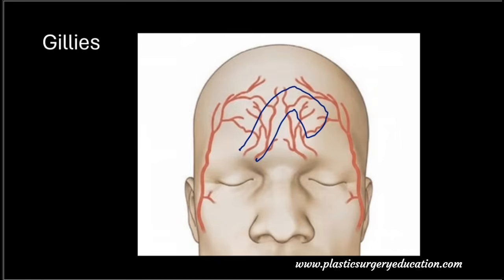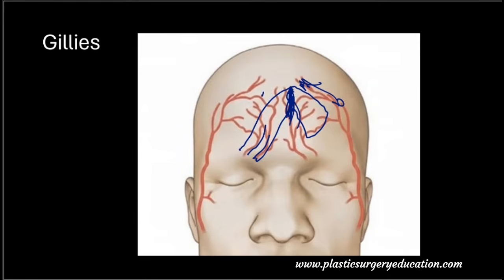Now as we can understand, the part of the flap above this, or rather distal to this, is a random pattern flap. This part, as you can see, has the supraorbital and supratrochlear going through it. So this is the Gillies up and down variant.